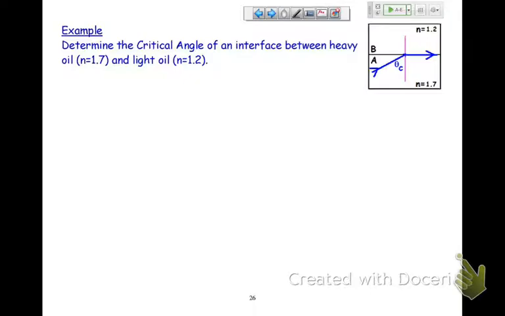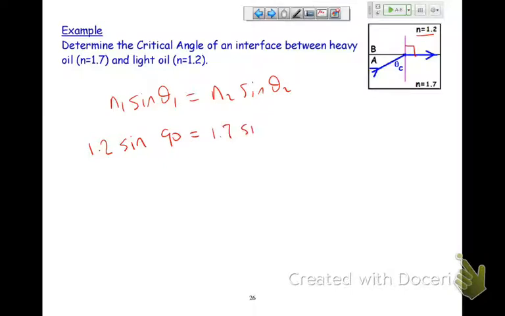So basically what I'm going to say is n1 sine theta 1 equals n2 sine theta 2. And let's have a look. Okay, this is 1.2. So 1.2 sine 90 is equal to 1.7 sine theta c.